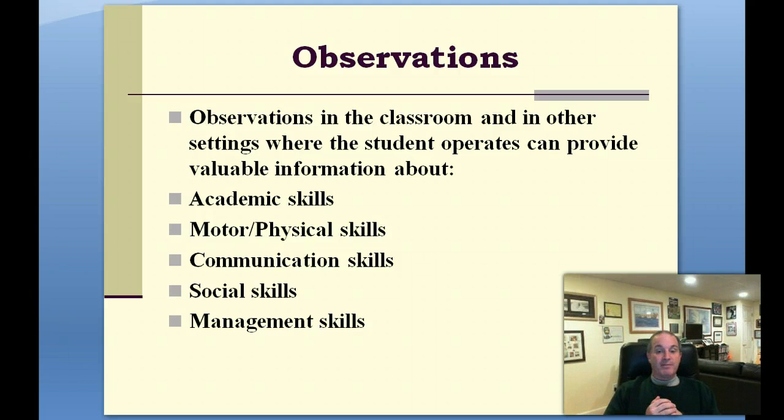We can find out about communication skills of the student. We can examine the social skills of the student. And we can also look at how the student manages his world, the management skills of the student. So when we do observations, we can find out a lot about this particular student and the various skills, whether those be academic, motor physical, communication, social, or management.